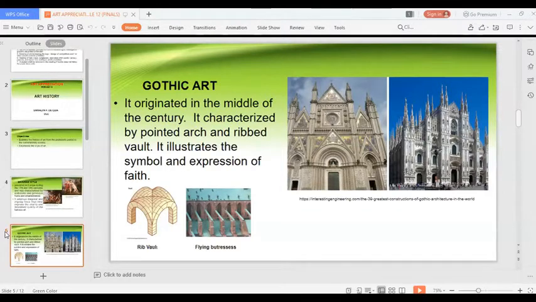Another feature is the flying buttresses. It is composed of an arch that extends from the upper portion of the wall. And another feature, stained glass windows were also common in their architecture.